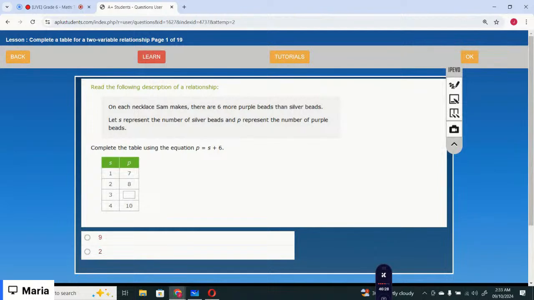Okay, complete the table using the equation P equals S plus 6. So what is the value of P when S equals 3? Which is the correct option?